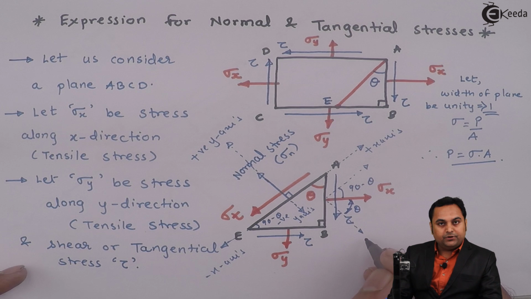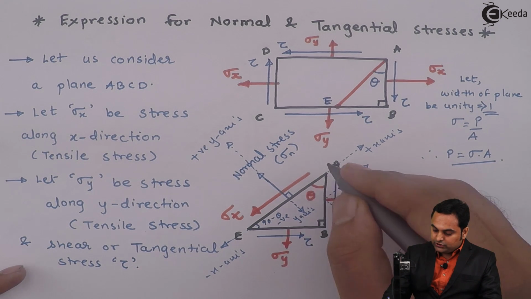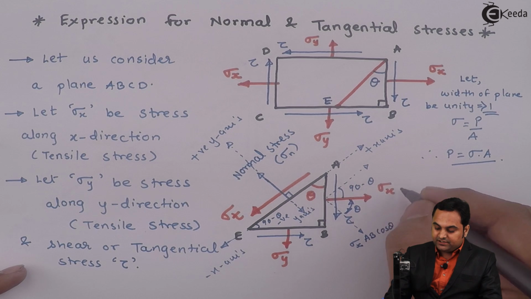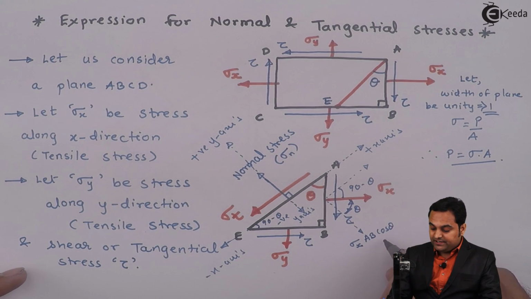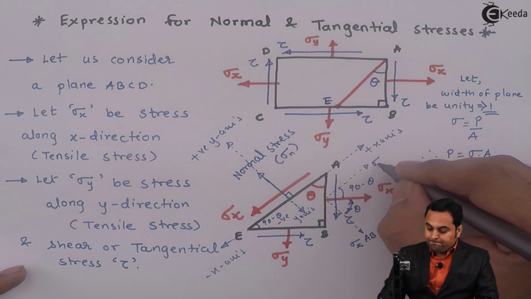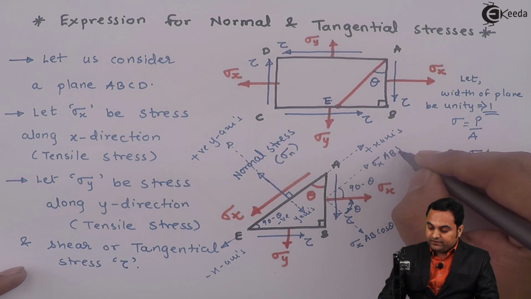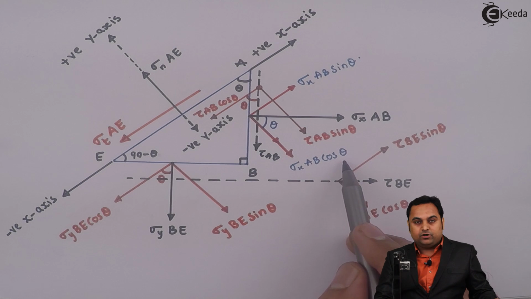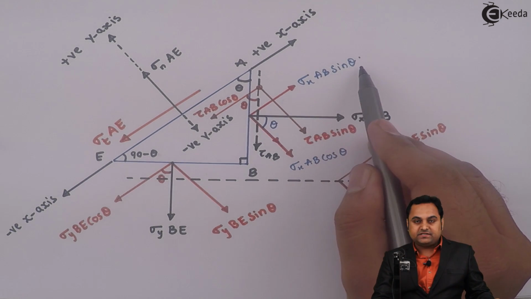So here the component is sigma x, that is the stress, and force is sigma x into AB cos theta, because I am resolving the forces. Here it is stress, force is sigma x into AB cos theta, sigma x into AB sin theta.